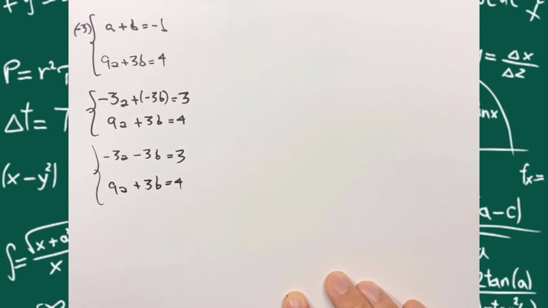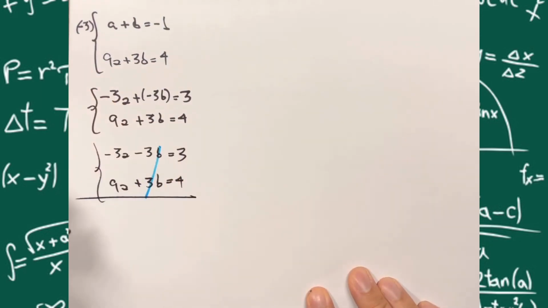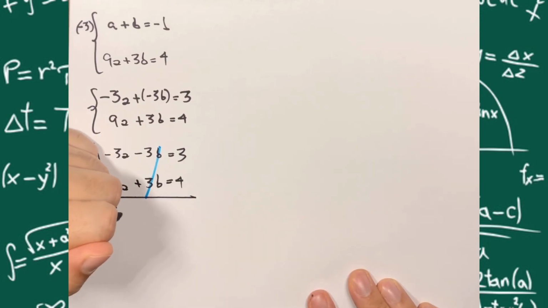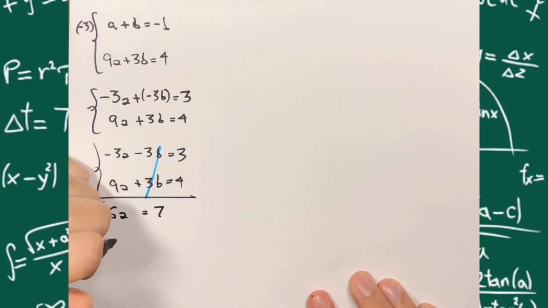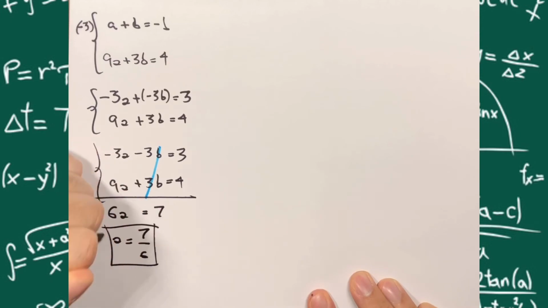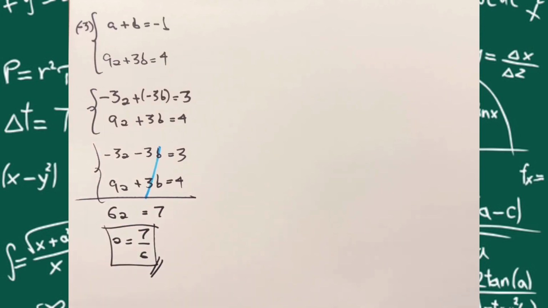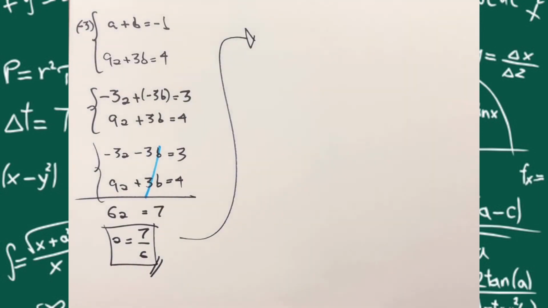And you can see here how we can easily get rid of the b in the system of equations. The b terms cancel each other out, and all we have to do is add the equations. We're left with 6a, because 9 minus 3 is 6, equals 4 plus 3 is 7. So 6a equals 7, therefore a equals 7/6. And there is our value of a. Therefore, all we have to do next is solve for b.